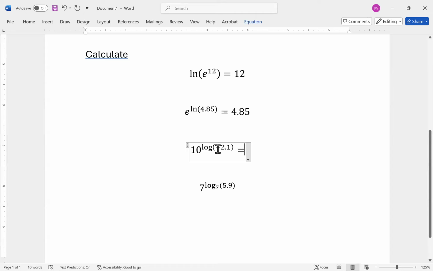The inputs of the log function have to be positive. That's with any base, including the base of 10 that we have here. I used base of 10 because that's one of the bases that we have on our calculator. So you can check this very easily by just typing in log of negative 2.1. Inside the argument, we have a negative number, so this does not exist.